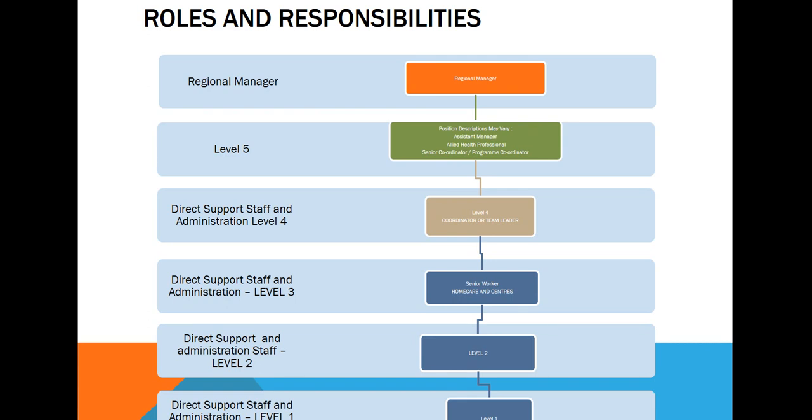Your level 5 supervisor, their titles may vary from assistant manager, allied health professional or senior coordinator. Level 4 supervisors are referred to as coordinators or team leaders. And within level 3, your roles are generally referred to as being a senior worker or senior staff.